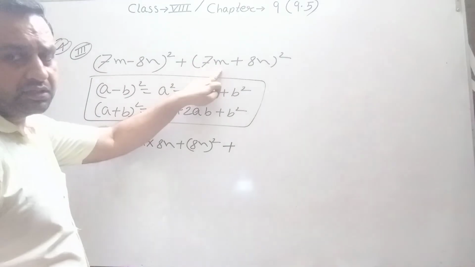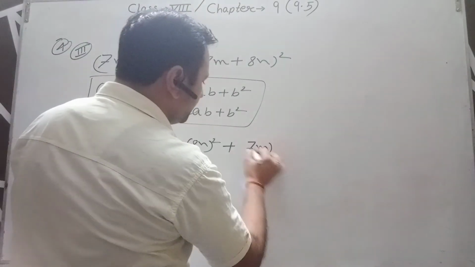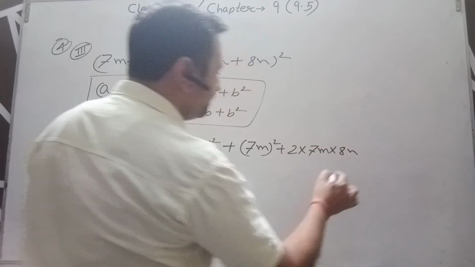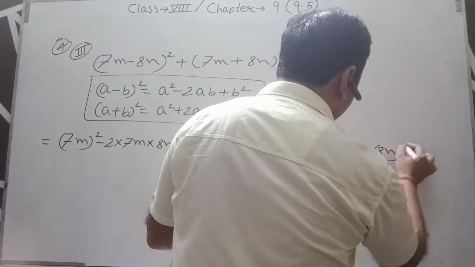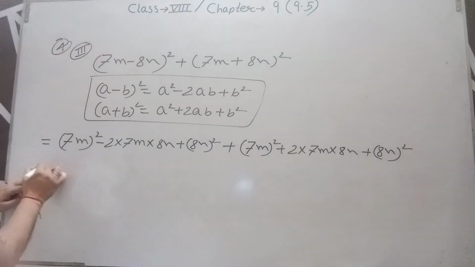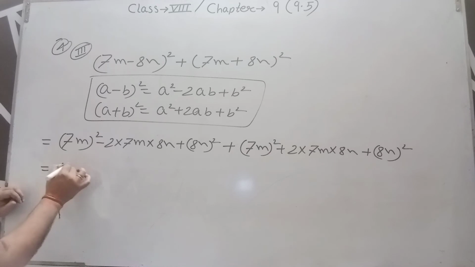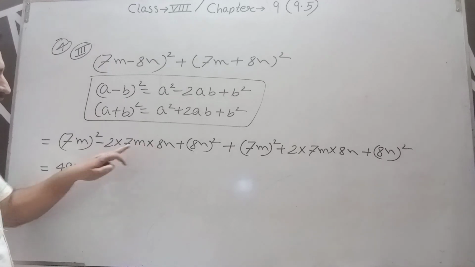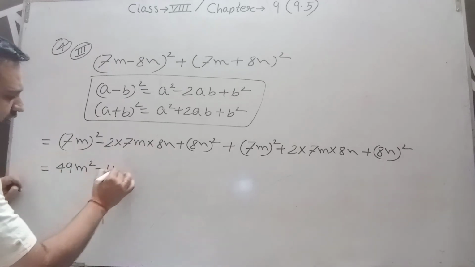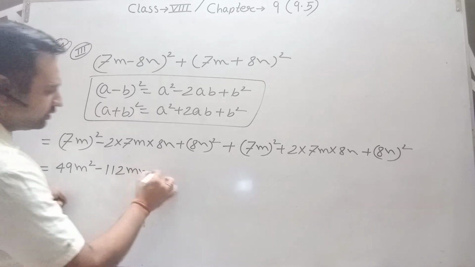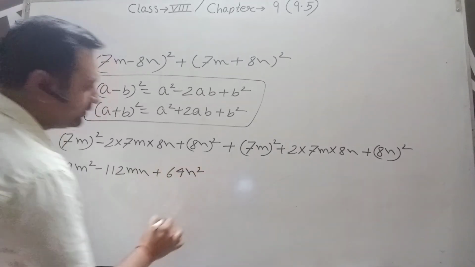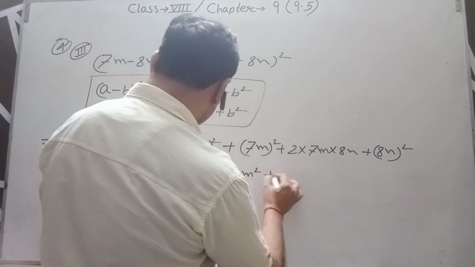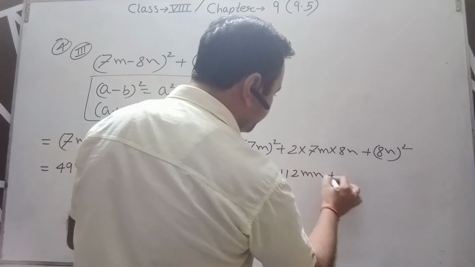Now apply the entity in this term: (7m) whole square plus 2 multiply 7m multiply 8n plus (8n) whole square. 7m multiply 7m is 49m square minus, 7 eights are 56, 56 twos are 112, so 112mn plus 64n square, plus 49m square plus 112mn plus 64n square.